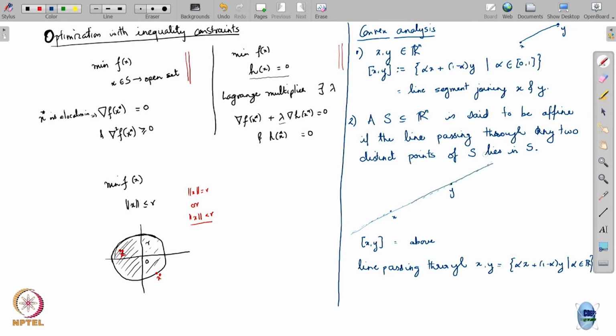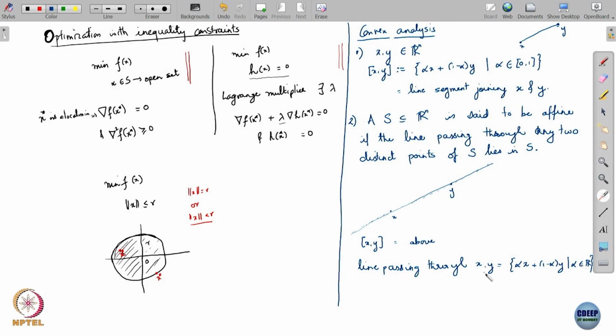Now, what is the definition of an affine set saying? It is saying that a set is affine if the line passing through any two distinct points of S lies in S. So take any two distinct points like this x and y; the line passing through them is the set of all alpha x plus 1 minus alpha y, where alpha ranges over R. This line should be in S, right?